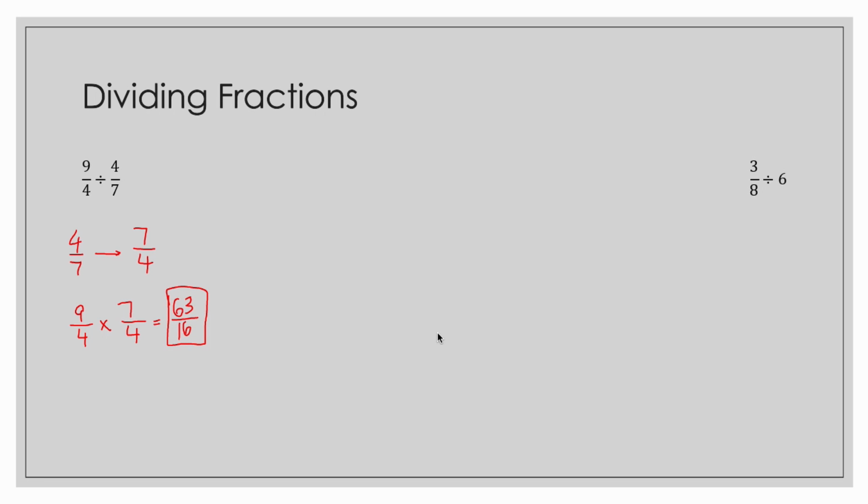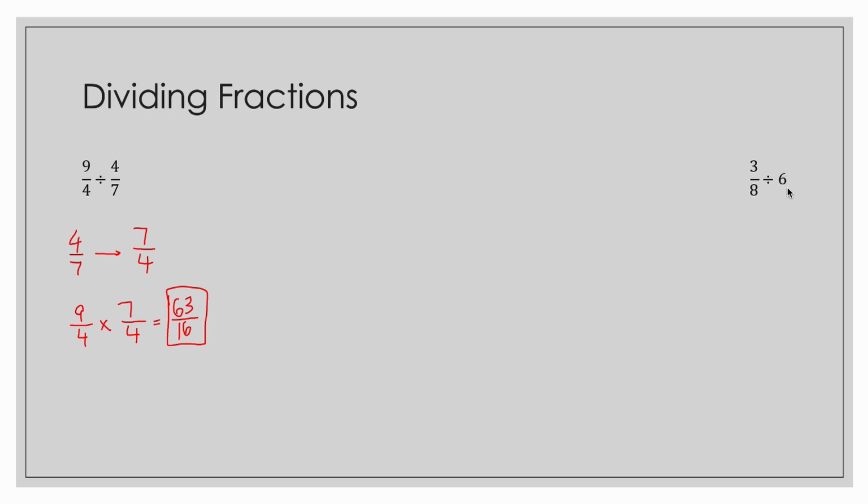And I encourage you to pause this video and try this one out. It's a little different than this, but see if you can solve it. Alright, I'm supposing that you're done and now you're waiting for me. So let's see. 3/8 divided by 6.